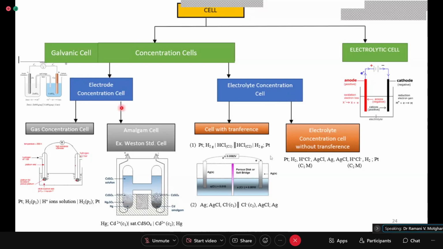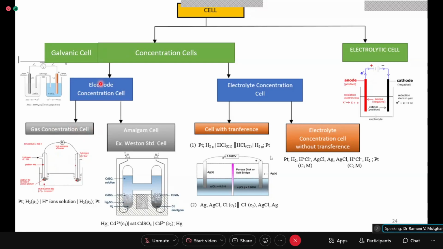Now, one electrode concentration cell is the gas concentration cell, where you have different pressure of gas, so that it becomes the electrode, because the electrolyte is the same here, but here it is 1 bar and here it is 2 bar. So the moment you have the same HCl solution, but the hydrogen gas pressure is different, a gas concentration cell is formed.